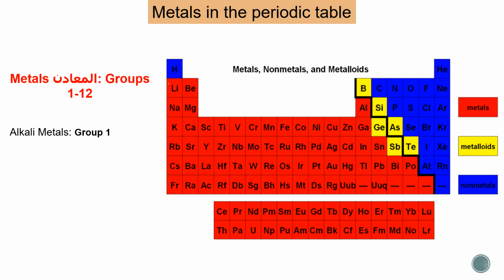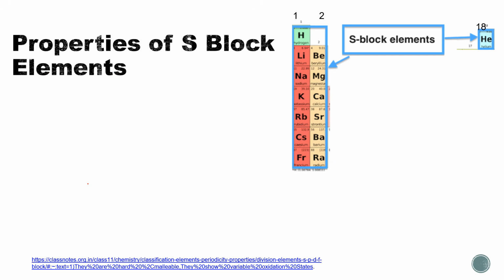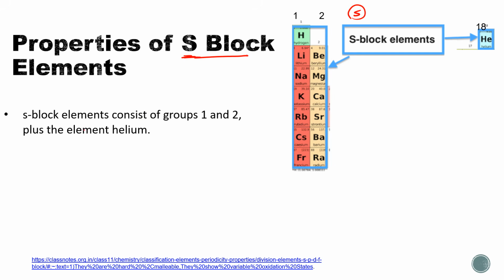Group 1 are alkali metals, group 2 alkaline earth metals, groups 3 to 12, and sometimes 13, are called transition metals. And now we are going to look at the properties of the S block, the S block elements that end with S, right? The S block elements consist of groups 1 and 2 plus the element helium, He, from group 18.